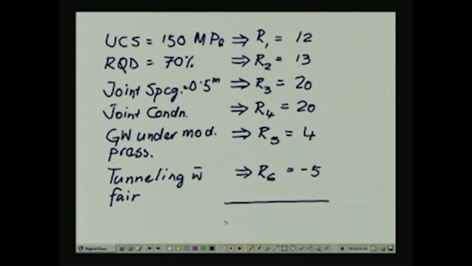We add all these numbers and we calculate the RMR of 64, and again you look at the relevant table in your previous day's lesson notes, and you will see that this value of rock mass rating will give us a classification.